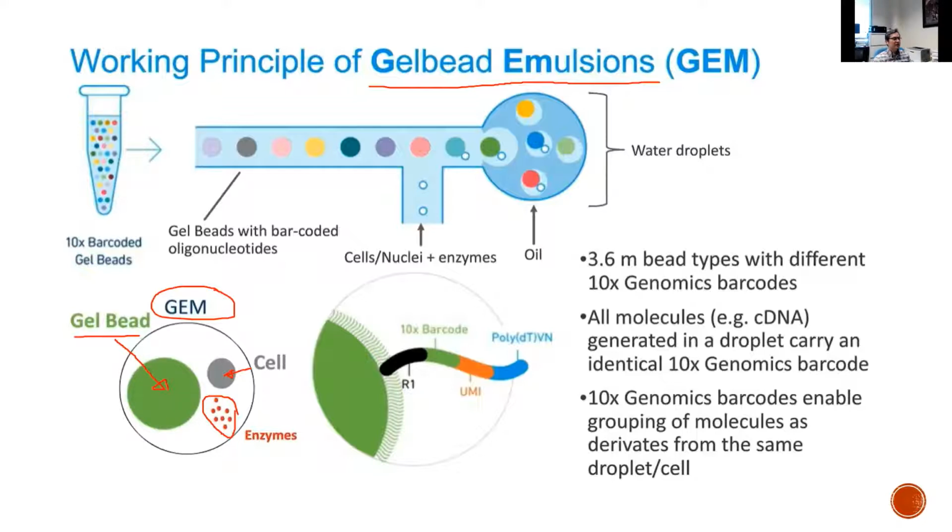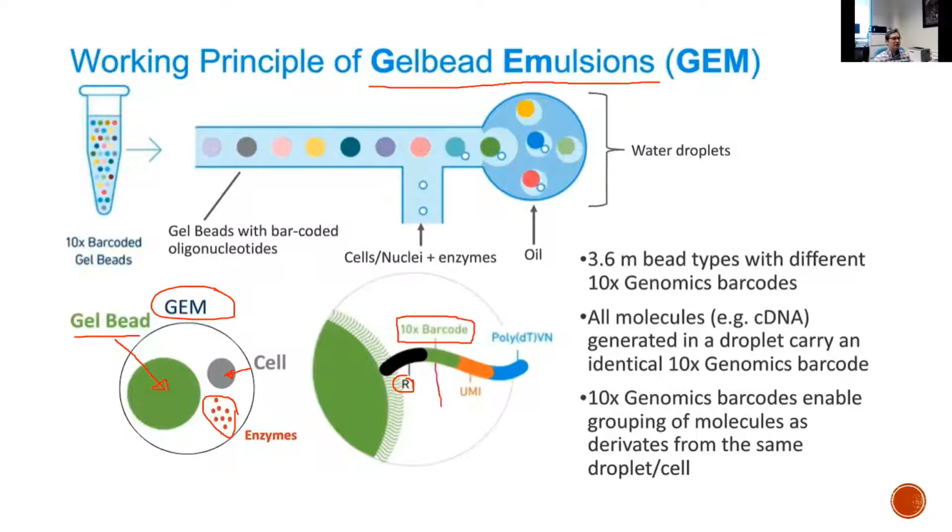These gel beads are covered by a lot of DNA fragments, full of DNA fragments. If you look at the DNA fragment, it contains this primer sequence, and then next is called the 10x barcode.